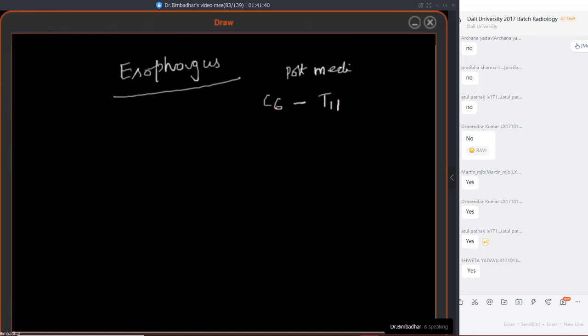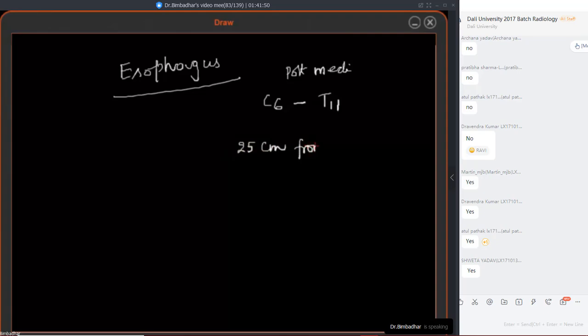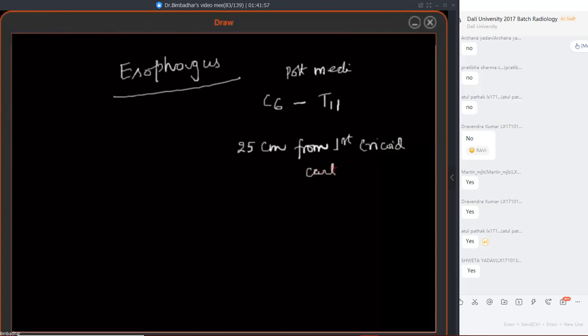Then we have the esophagus. The whole length of the esophagus is 25 centimeters from the first cricoid cartilage. But the whole length of the esophagus is 40 centimeters when you measure from the first incisor teeth.